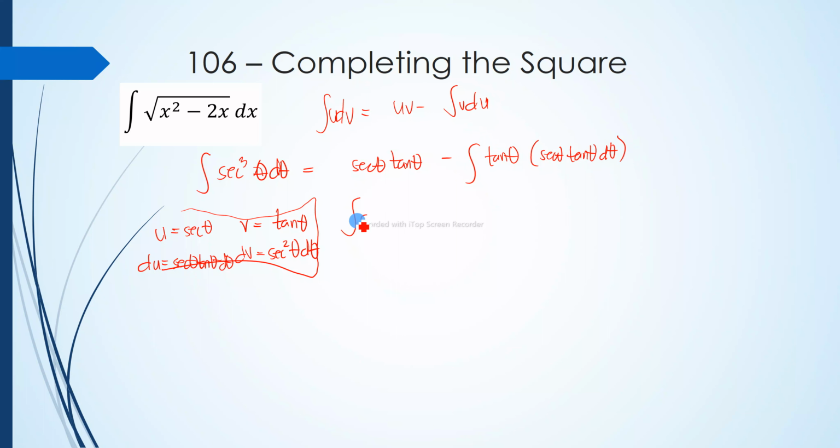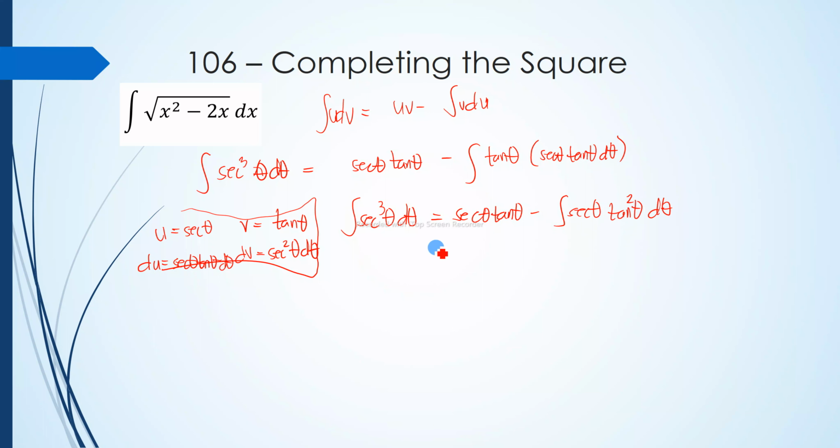So the integral of secant cubed theta d theta is equal to secant theta tangent theta minus the integral of secant theta tangent squared theta d theta.